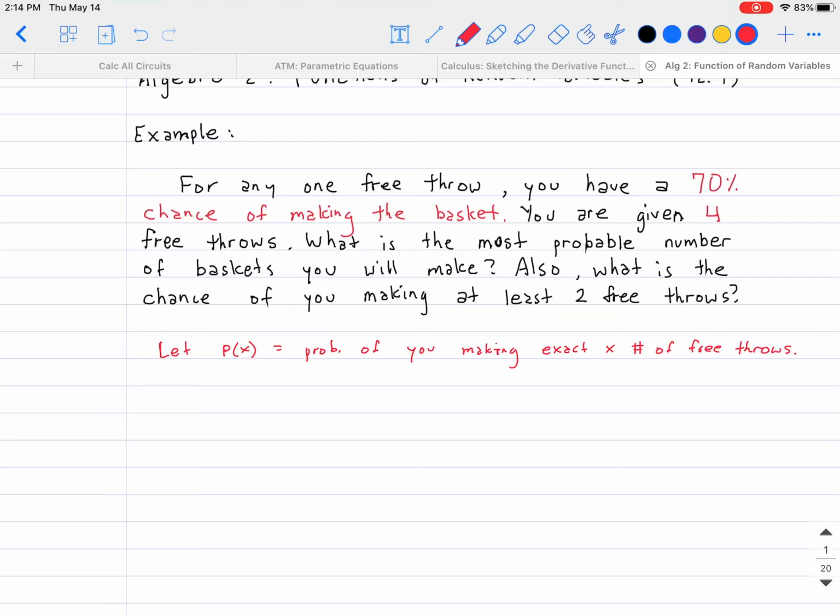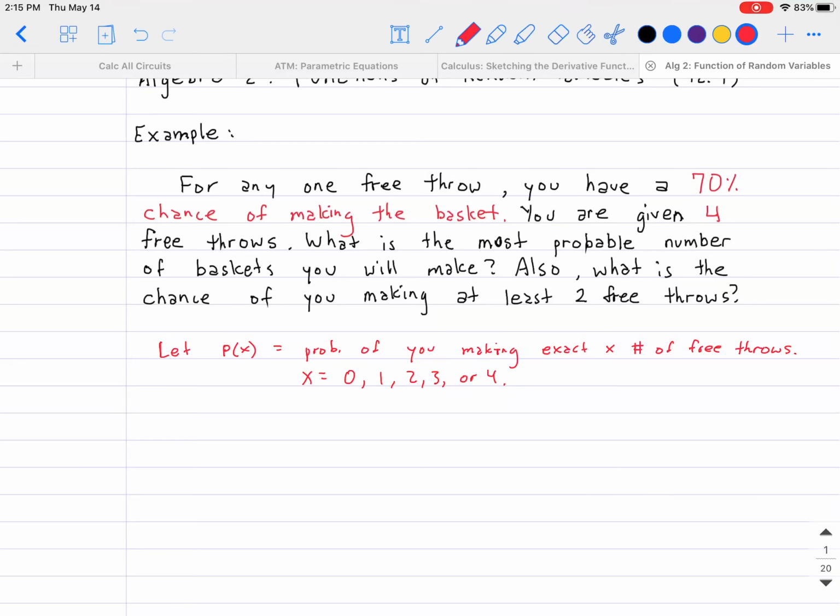So what we're looking at is a function. For this situation, we're going to limit x, because you are only given 4 free throws, so x can only be equal to 0, 1, 2, 3, or 4.